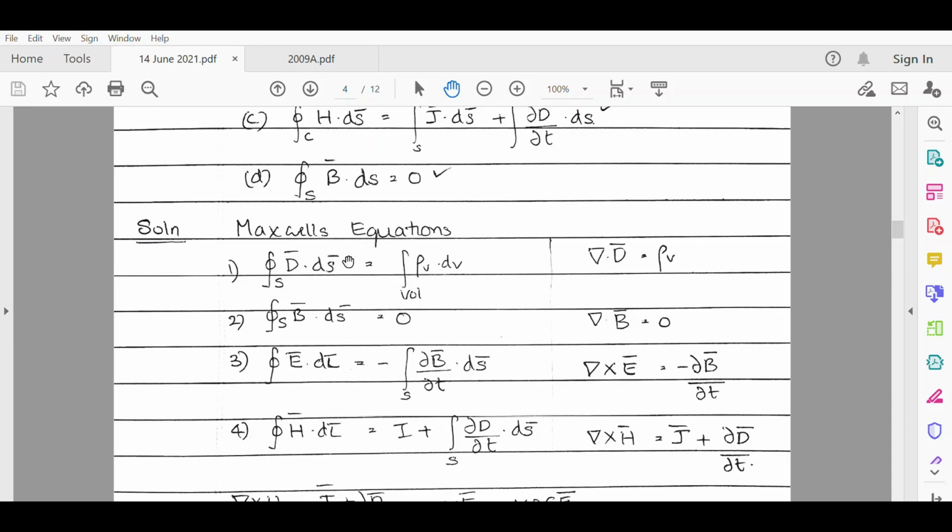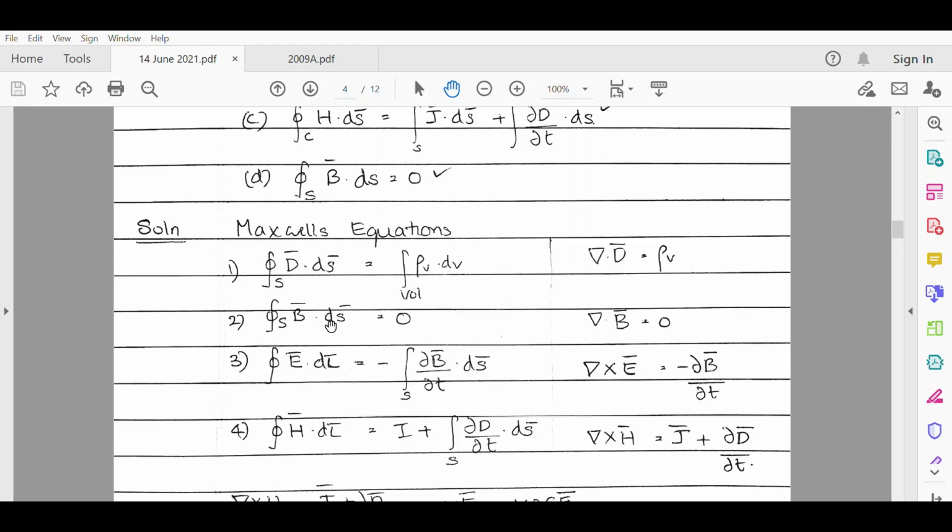So we have Maxwell's first equation, the surface integral of the electric flux density is equal to the volume integral of the volume charge density, and the corresponding point form indicates that the divergence of electric flux density is equal to the volume charge density.